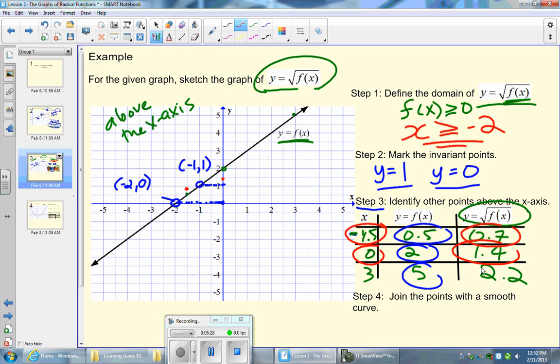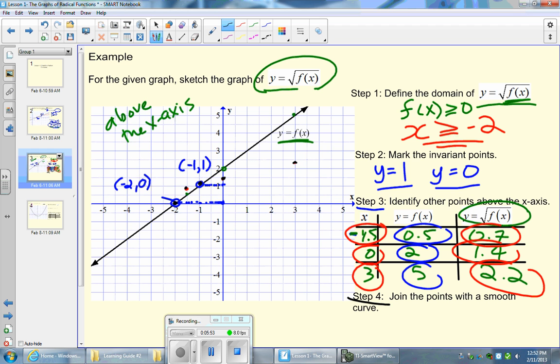And finally, we want to go 3, 2.2. So 3, 2.2 is about there, okay? So we have, as you can see, 1, 2, 3, 4, 5 points.